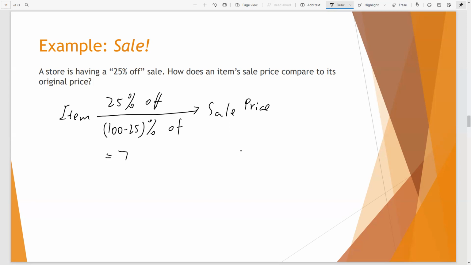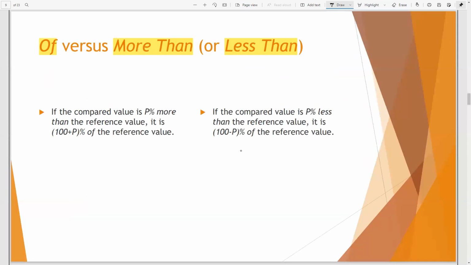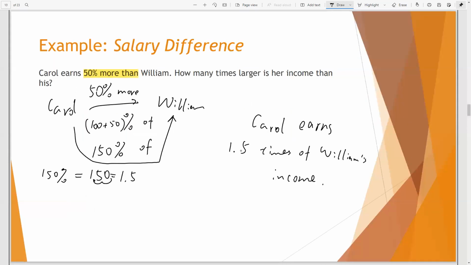That means the sale price is 75% of the original price. Right, if you have questions, you can go back to the slides to see what more than or less than means.